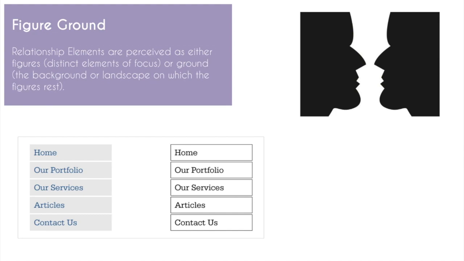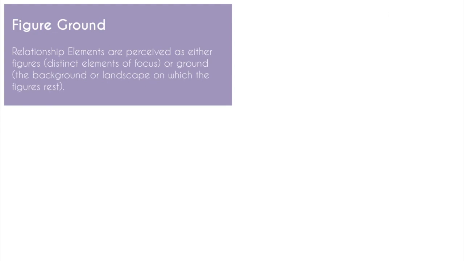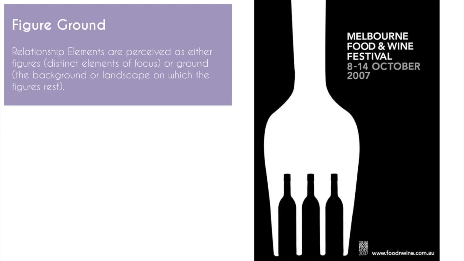The right-hand side has the same information, same shapes, but not having those colors makes a big difference in how our brain reads that list and discerns what it is, because there's no figure ground. There's just black on white. So, a practical example there.